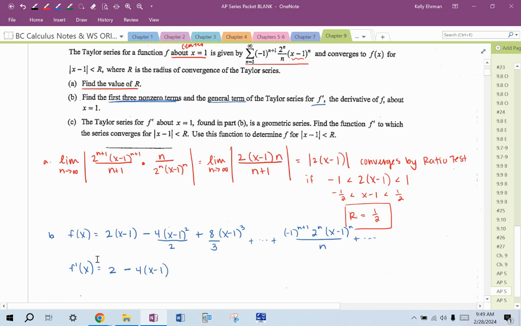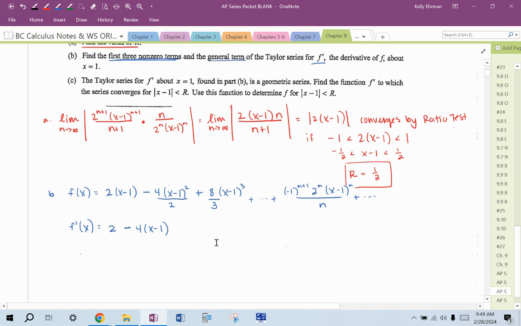The only benefit of simplifying f of x is so that you don't mess up somewhere on your f prime. If I pull the 3 down, the 3's are going to cancel, so I'm going to get plus 8 times x minus 1 squared. So here are the first three non-zero terms, plus dot, dot, dot, plus. Now use the same math on the nth term.